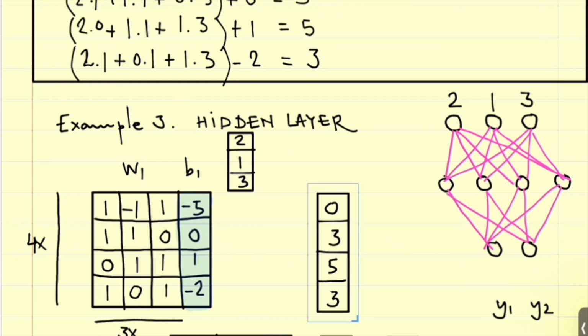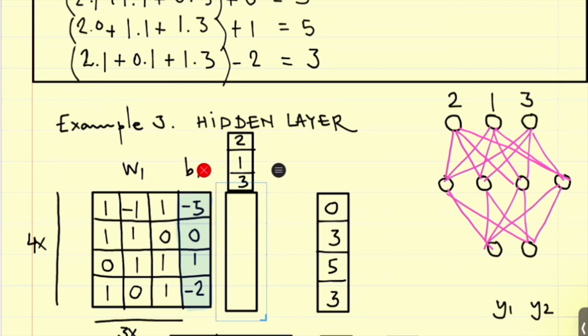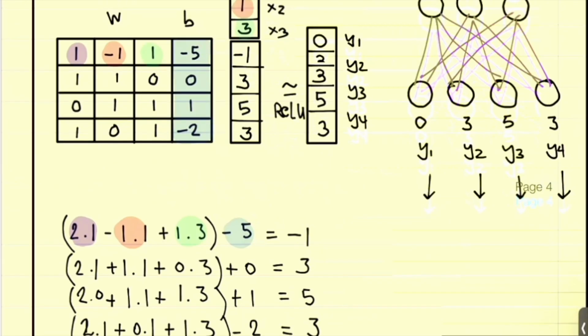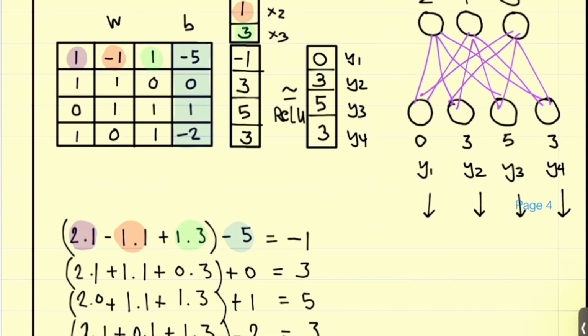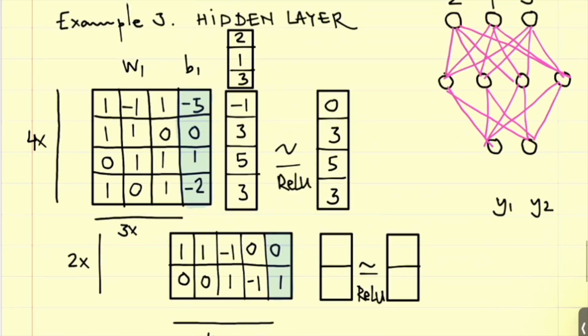Just for the sake of it, I just copy it again, okay? And here we're just applying ReLU. So this is just the same as above, so I don't do it. Minus 1, 3, 5, 3. So, and the interesting part, this is the hidden output, hidden layer.